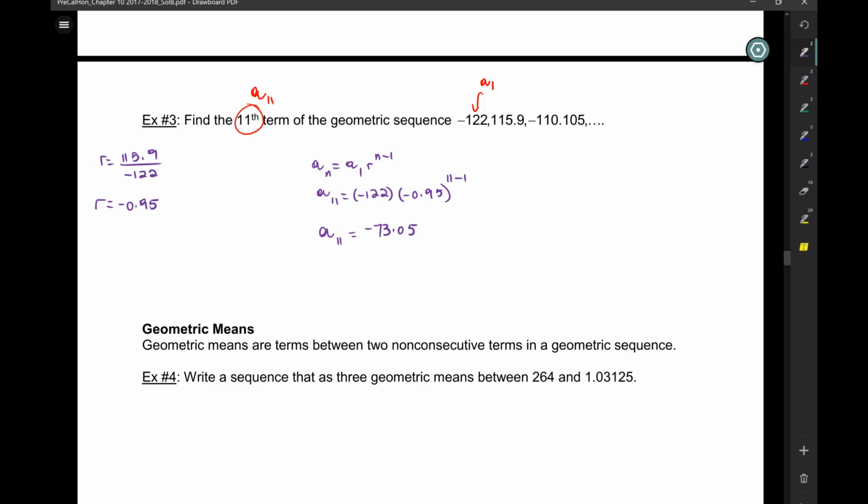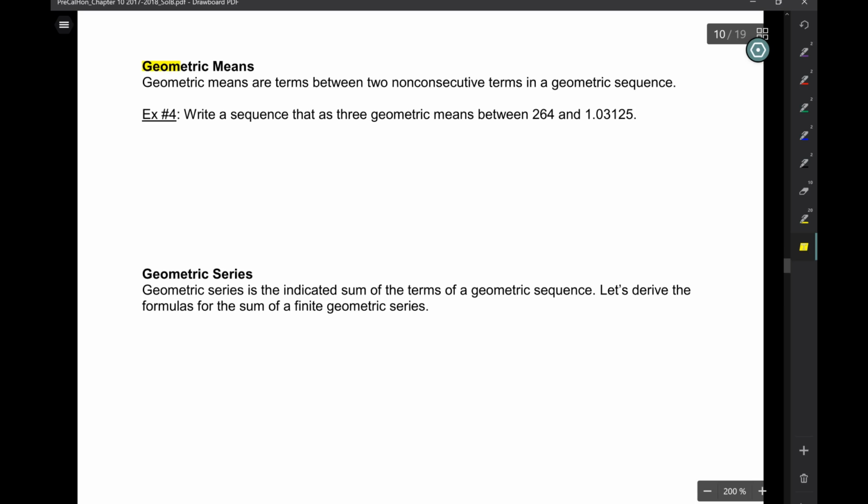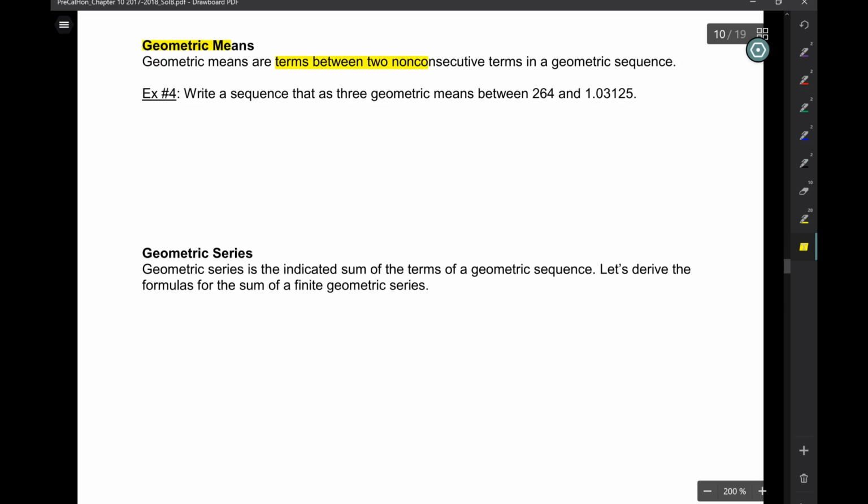Okay, geometric means. We talked about arithmetic means. Geometric means are the same thing. They're basically the terms between two non-consecutive terms in a geometric sequence. Okay? So here we go. We know how to do this already. We need to insert 3 geometric means between 264 and that number, 1.03125.